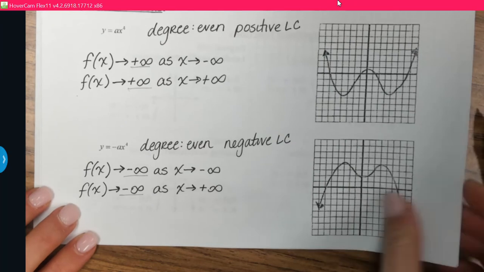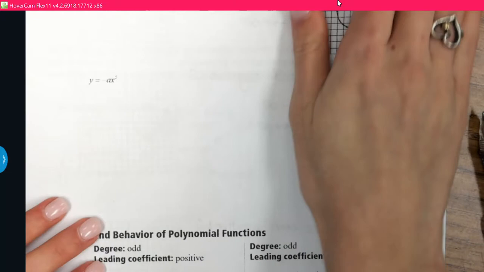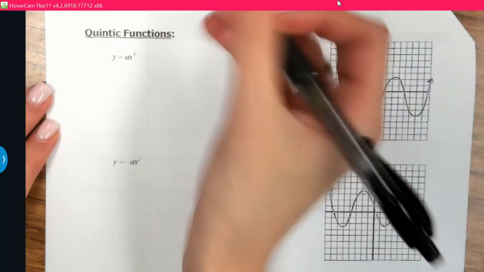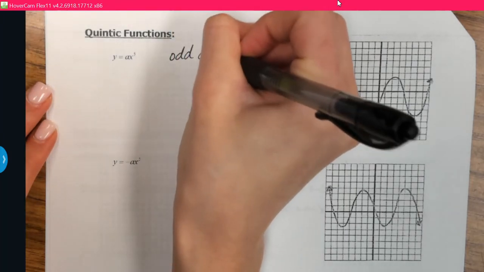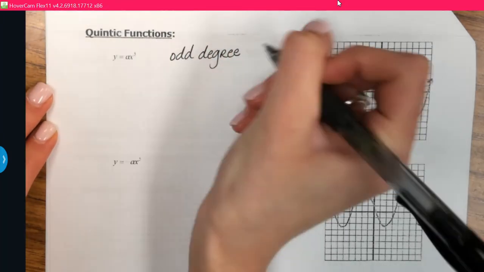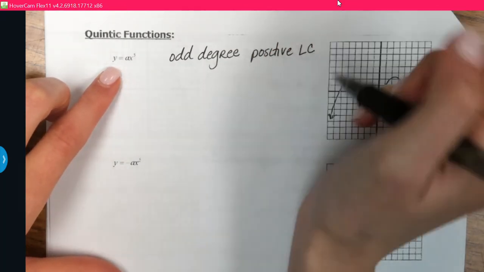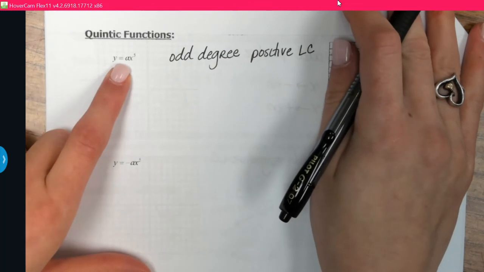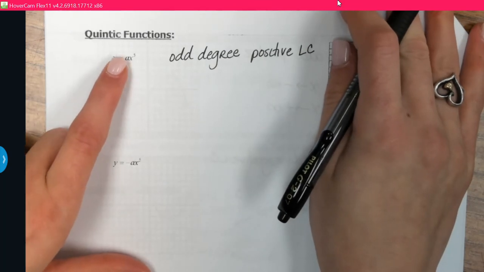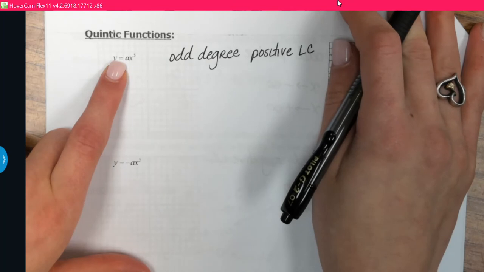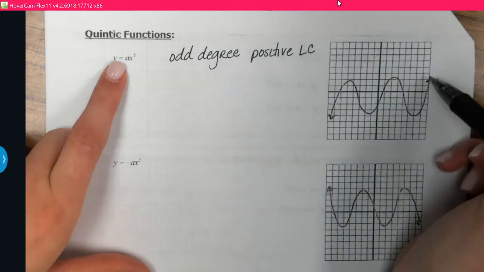Okay? So then if we look, our next one is quintic functions, which is just x to the fifth. So it's an odd degree, and this one has a positive leading coefficient. So without even looking, an odd degree tells me they're going to go in opposite directions, and the right end behavior is going to go in the direction of the sign of the leading coefficient. Well, this is positive, so my right side should be going to positive infinity, which it is.